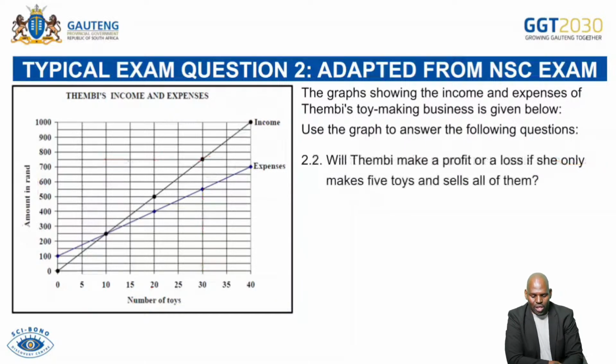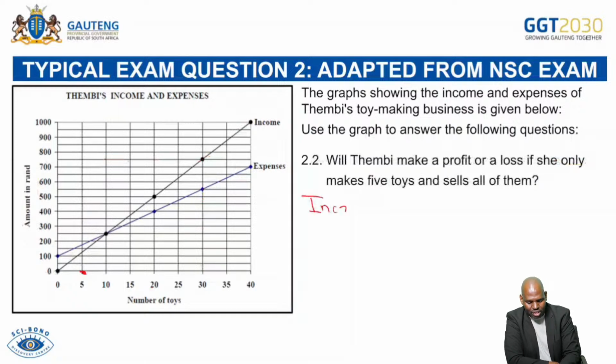Okay, the next question is, will Tembi make a profit or a loss if she only makes 5 toys and sells all of them? Now, if we go to 5 toys, we need to check. 5 toys, what is the income there?